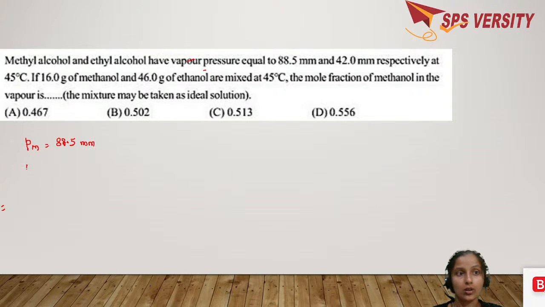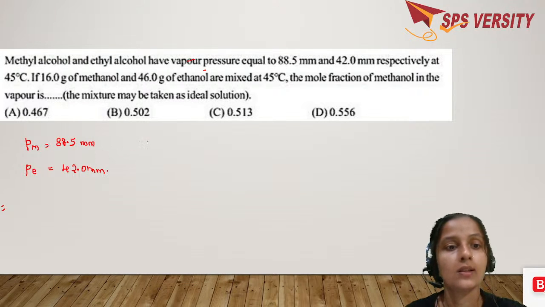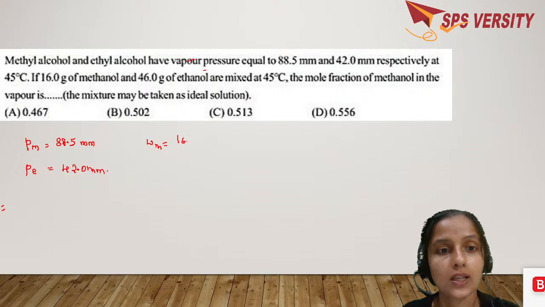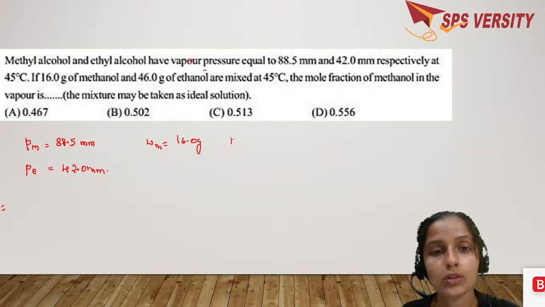The vapor pressure of ethyl alcohol, M stands for methyl alcohol, E stands for ethyl alcohol, is 42.0 millimeter of mercury. The weight of methyl alcohol is 16 gram, and the weight of ethanol is 46.0 gram.